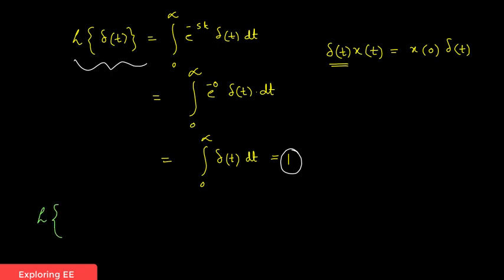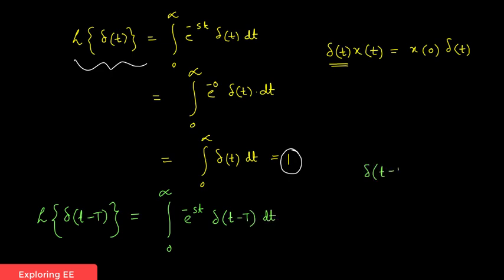Similarly, for the time shifted impulse function, we have the integral from 0 to infinity of e to the power minus st times delta of t minus T dt. Here also, delta of t minus T multiplied by any function x(t) will be x(T), because the shifted impulse function exists only at t equal to capital T. Only at that point is x(t) multiplied with delta.